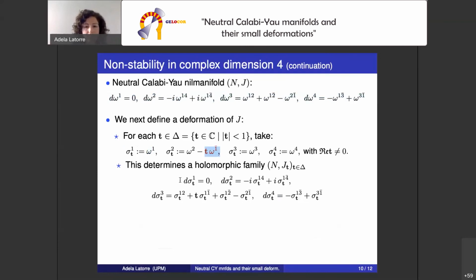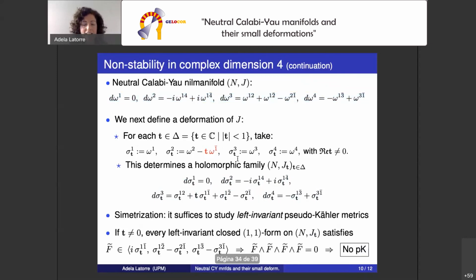And as you can see, you get a new set of structural equations that when t equals 0, one recovers the initial one. So that's why we are able to see somehow that this is a good deformation.